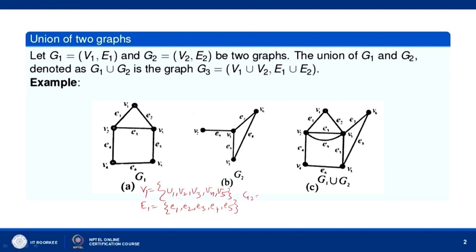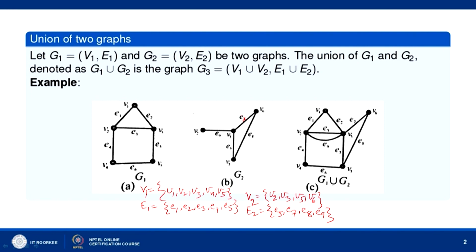G2 consists of vertices V2, V3, V5, V6, and E2 consists of E5, E7, E8 and E9. This is E7.